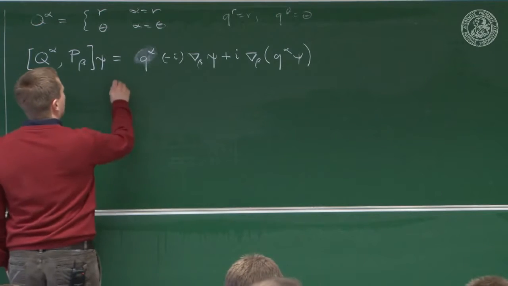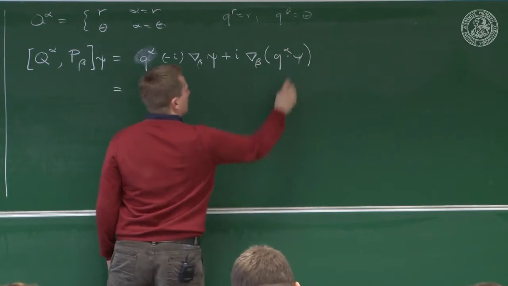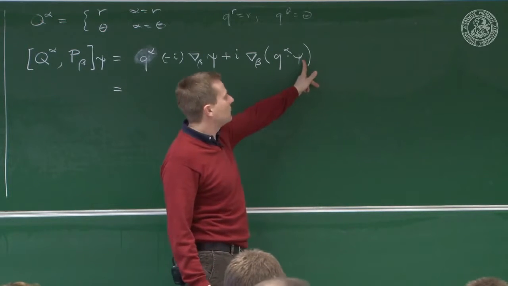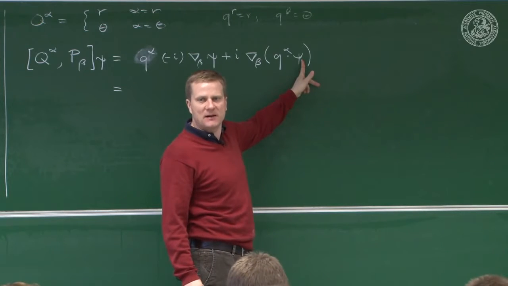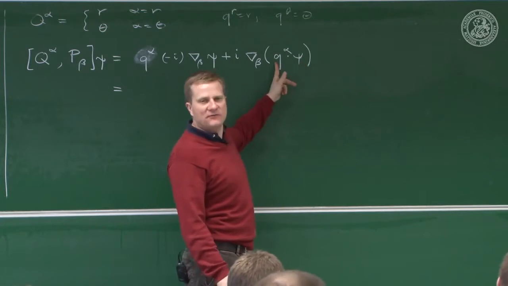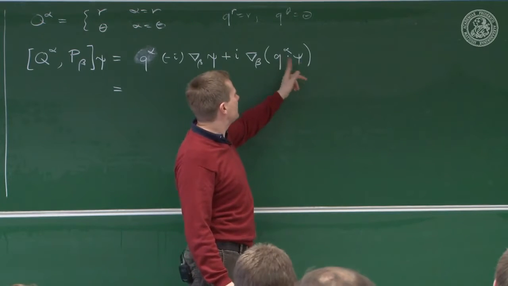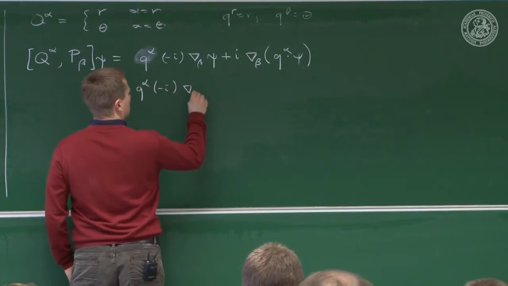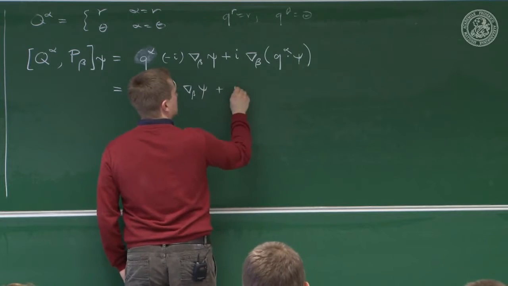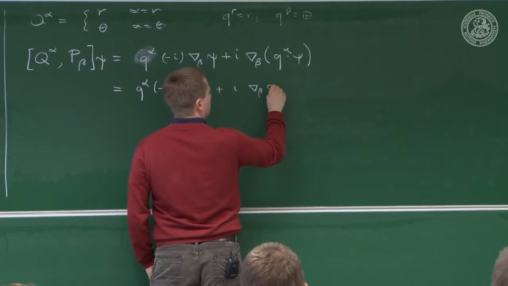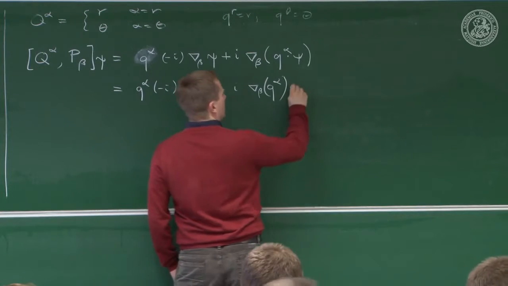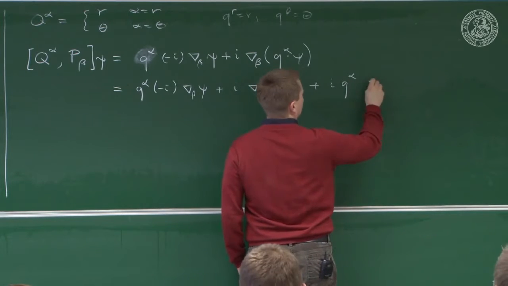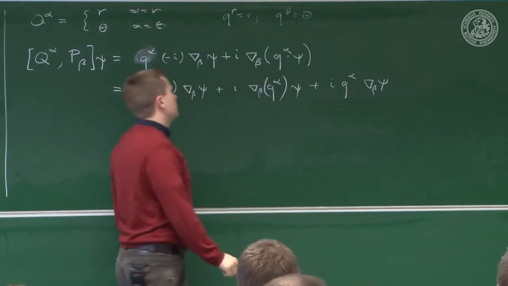Okay? So now the question is, what happens here? Well, this is a tensor product, but careful. This is, if you want, a vector, because its values are in the bundle, in the fiber, right? But this is a function. And that's the point. Nevertheless, that doesn't free us from the Leibniz rule. So minus i del beta psi plus i. Now let's write it down, so it's the Leibniz rule. It first acts on this guy, and this guy is unchanged, plus i. This guy stays there with a tensor product, if you want, and it takes this form.